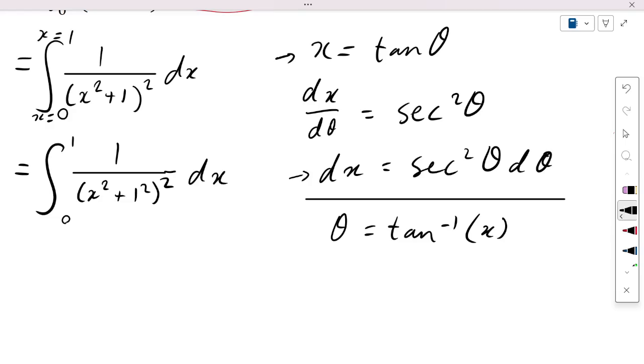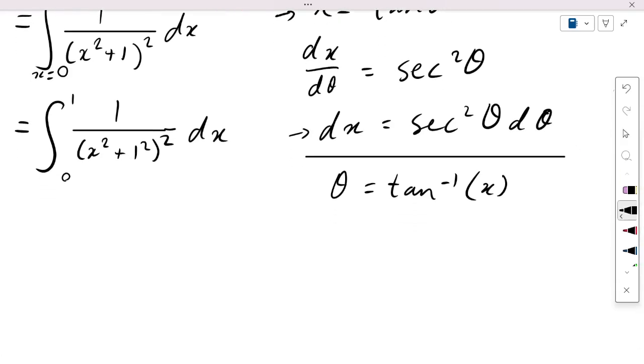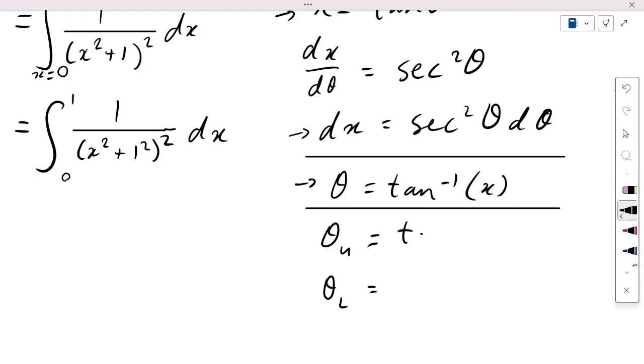Okay, great. Now that we've got theta, we can do this. We can say the theta upper limit and the theta lower limit, which is equal to arctan of 1, which is the upper limit, and arctan of 0.